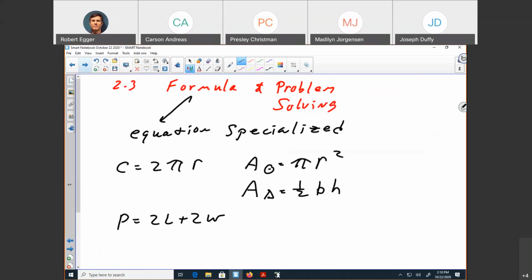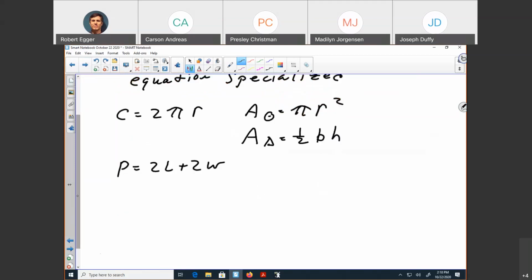Equation to a straight line, 4x plus 2y. A linear equation, equation to a line, y equals mx plus b, or in standard form. That's all a formula is. It's just an equation.